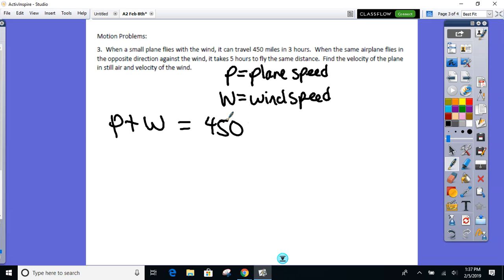What's the only thing I haven't talked about yet and put in my equation? It's the time, taking me 3 hours. Now, maybe in Algebra 1, maybe even science class, have you seen the formula that involves rate, distance, and time? No?